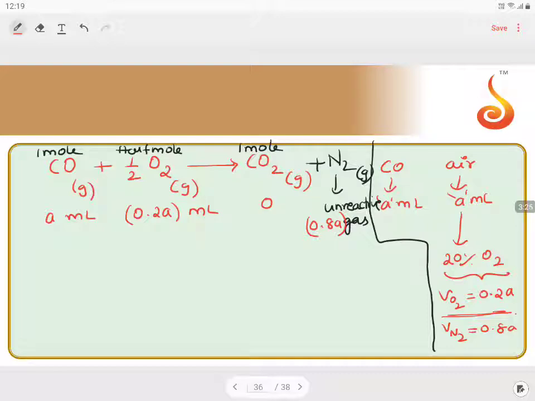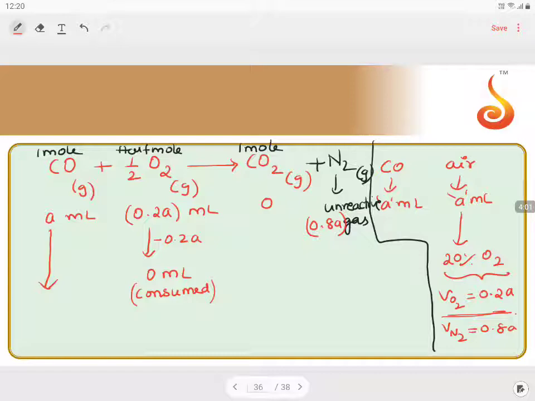So if this oxygen becomes 0 ml, that means it is completely consumed. Corresponding to the oxygen, how much carbon monoxide would have reacted, and how much is left? For every half mole of oxygen, 1 mole of carbon monoxide reacts.